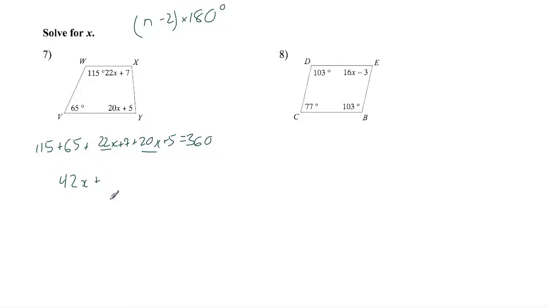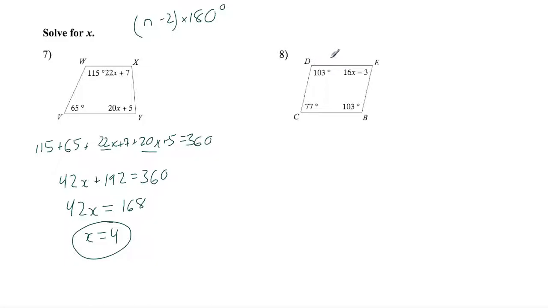And then I just have to add 115 plus 65 plus 7 plus 5, all those other like terms, and that's going to give me 192. So 42x is going to equal 360 minus 192, which is going to be 168. And so to get x by itself, I just need to divide by the 42, and that gives me an answer of 4. Nice, right?